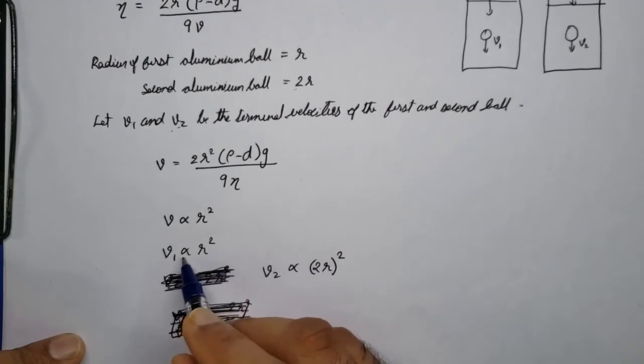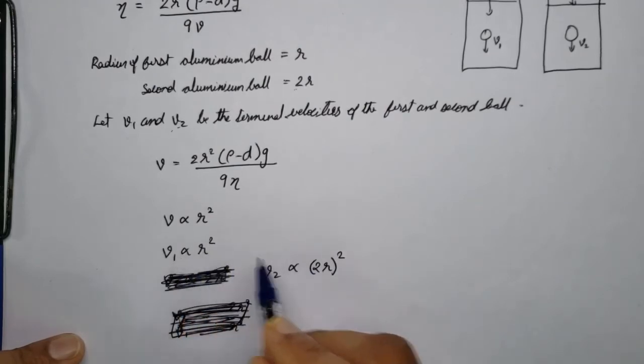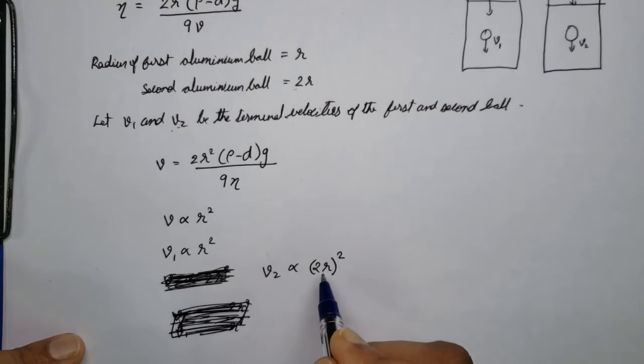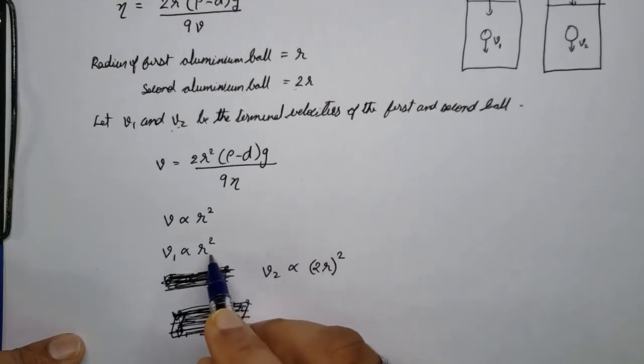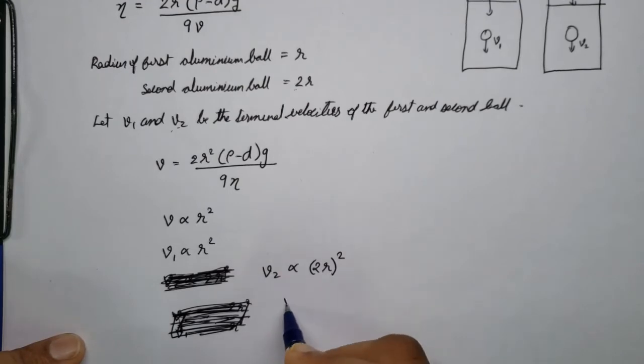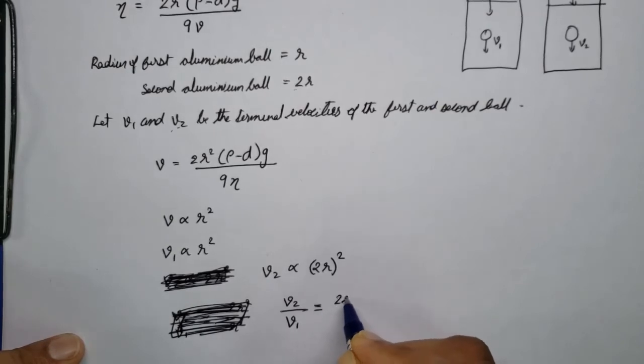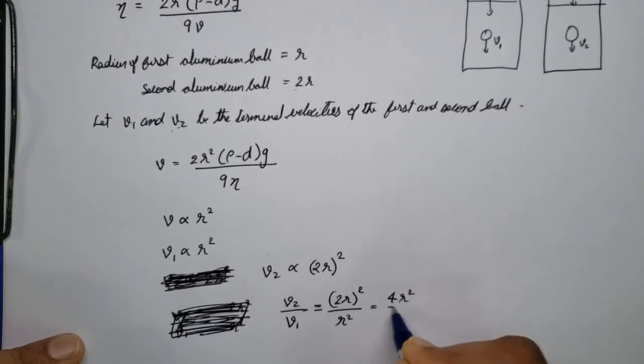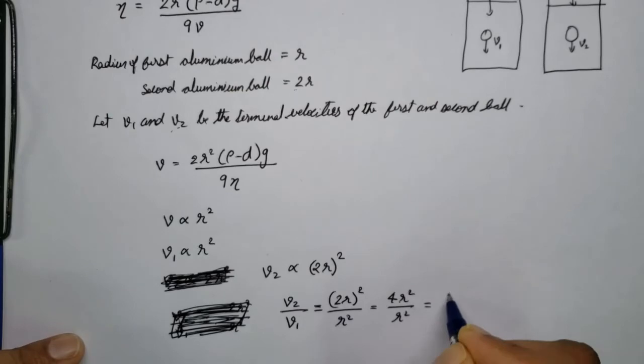In the first ball's case, the velocity is proportional to the square of its radius, and for the second ball the velocity is proportional to the square of its radius, which is 2 times the first radius. We get this relation. Then if you do the ratio V2 by V1, that should be equal to 2R whole square divided by R square. That is 4R square divided by R square, or this is equal to 4.